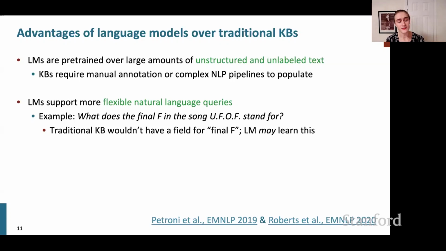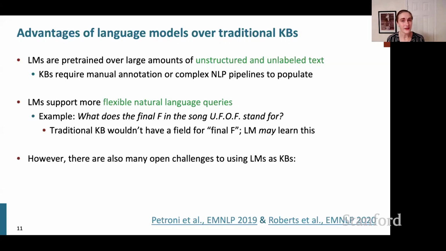They also had a less extreme example in this paper by Petroni and others, where maybe your relation would be is works for in your knowledge base, and then you ask for is working for. And the knowledge base doesn't have an exact match on the field, and so it returns an empty response. And it's reasonable to believe that your language model could figure out that these relations are similar. So if I know the answer to one of them, I probably know the answer to the other.